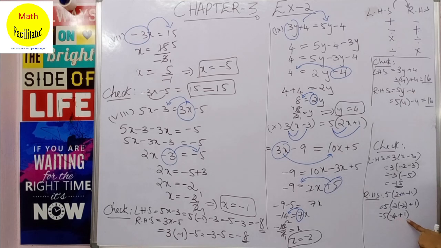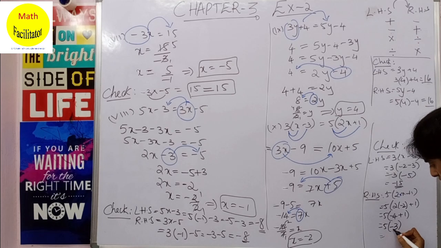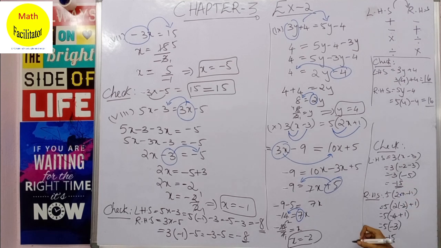One negative integer, one positive integer, so you will subtract. So 4 minus 1 is 3 and you will put the sign of the bigger number. Bigger number has minus sign, so I am writing minus. So again this is 5 into 3. 5 3s are 15 and you have a minus. Okay, so LHS is minus 15, RHS is also minus 15. So the value you got, x equal to minus 2, is correct.